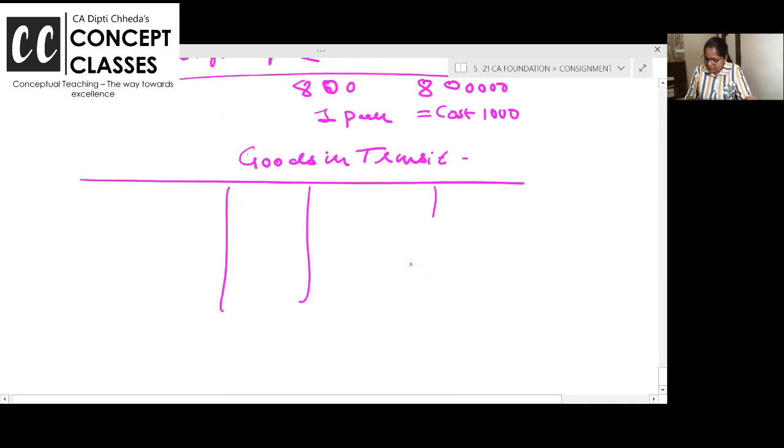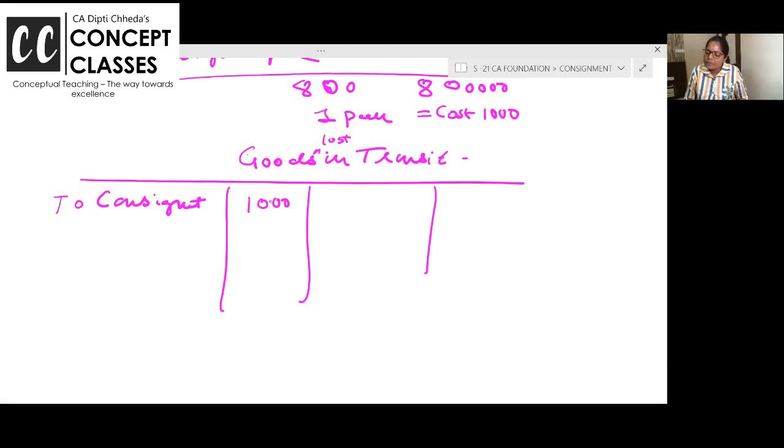Goods in transit, debit to consignment. How much? Goods lost in transit is one packet of 1,000 rupees, against which the insurance company is going to pay you. Insurance company could get 570 as claim.